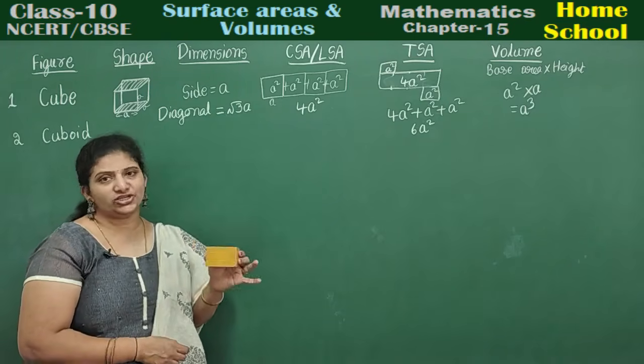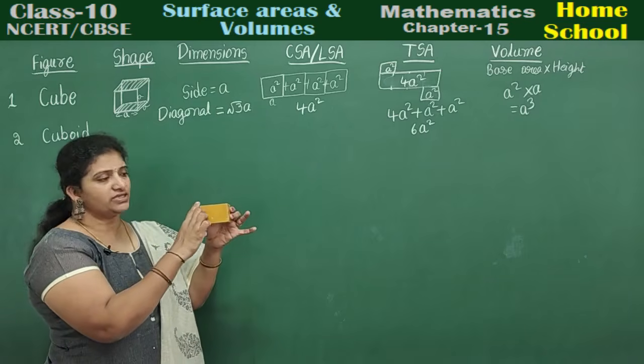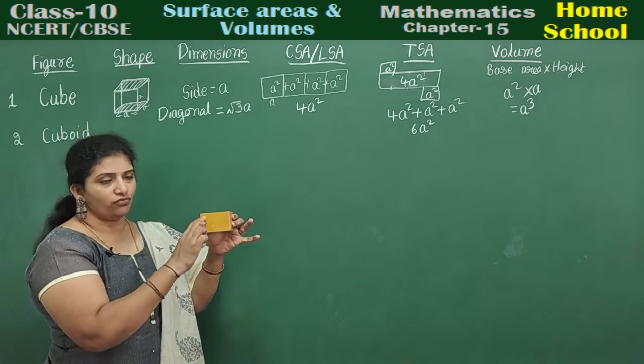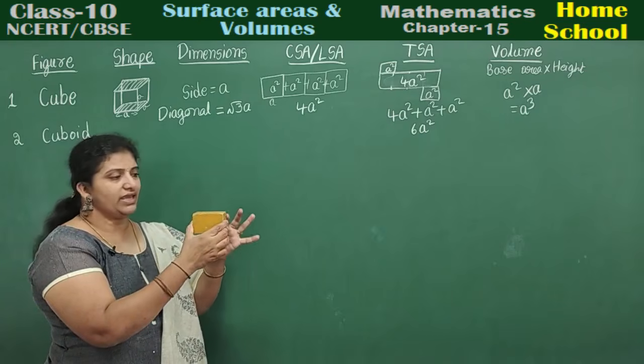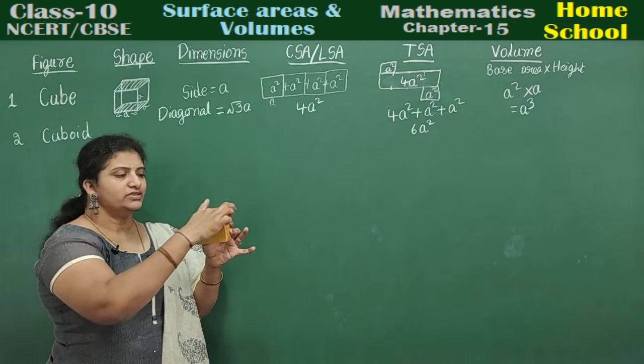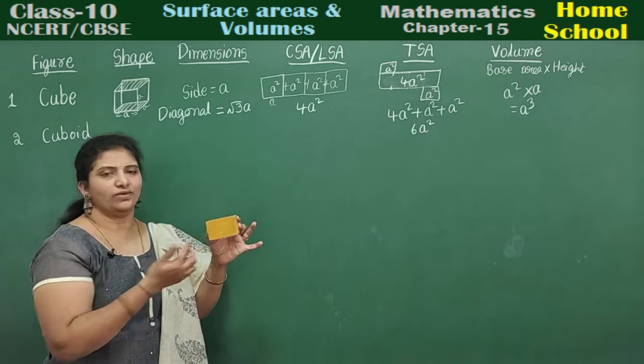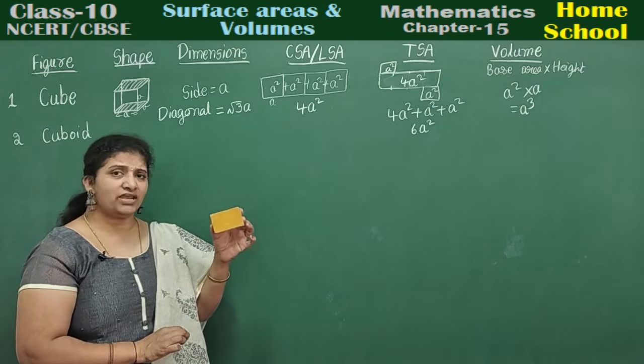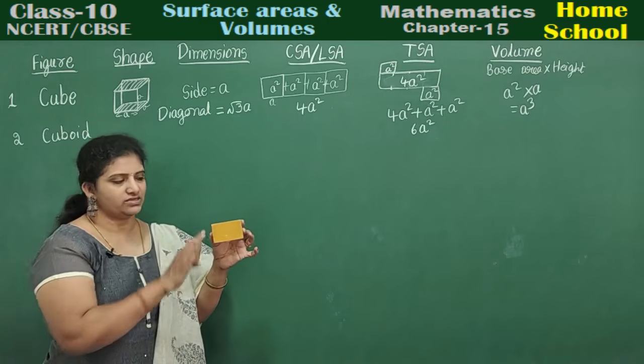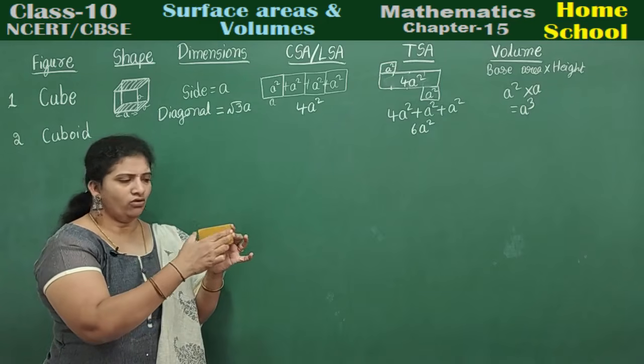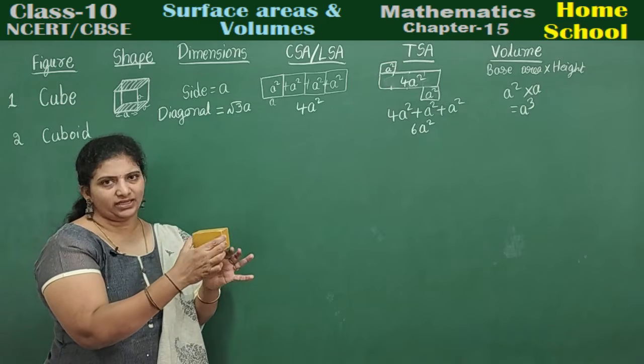How many edges? Count here: 1, 2, 3, 4, 5, 6, 7, 8, 9, 10, 11, 12. 12 edges. How many vertices? 8 vertices: 1, 2, 3, 4, 5, 6, 7, 8.